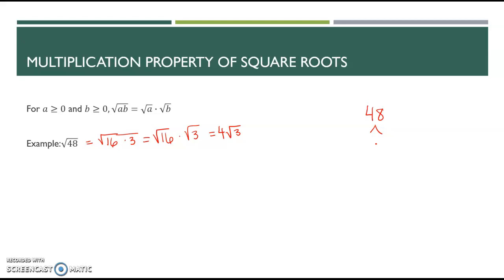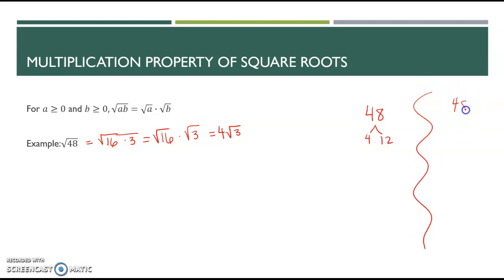The prime factor trees work whether you know your perfect squares or not. So if we're being honest, it took me some work to find the fact that the largest perfect square that went into 48 was 16. But maybe you look at it and you're like, well, I know 4 goes into 48 12 times, right? Or this is another version.